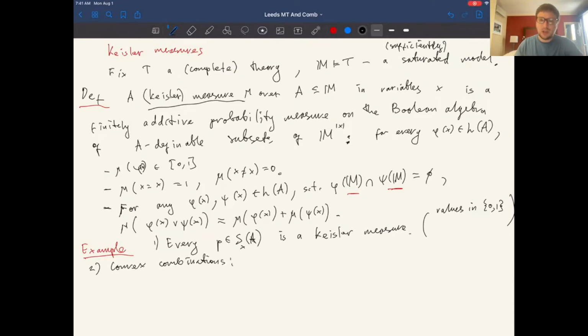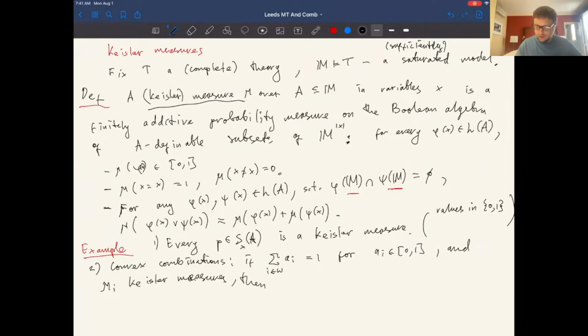Namely, if I have some sequence of numbers a_i, i in omega, which add up to 1, with all a_i in the interval [0, 1], and we have mu_i some Keisler measures, then we can take the convex combination.